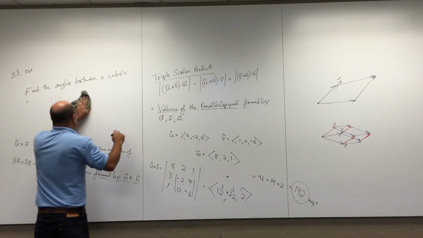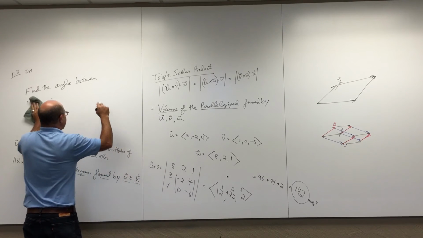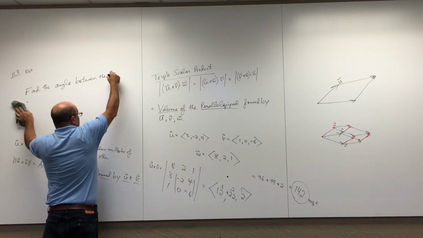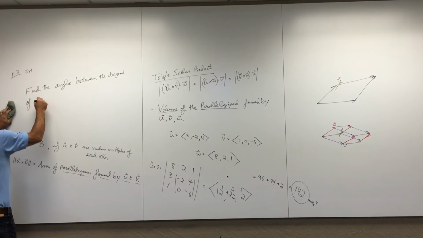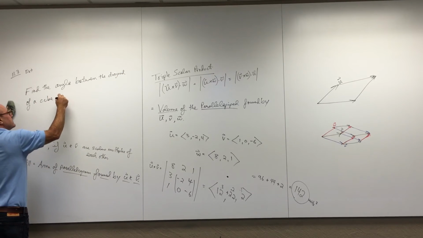Let me just make sure I got this right. Find the angle between the diagonal of a cube and one of its edges.